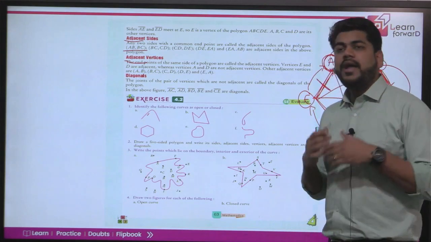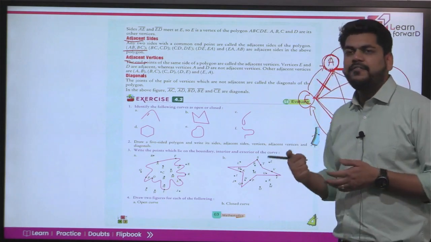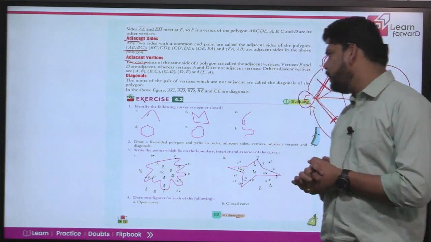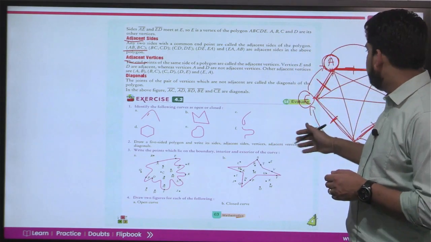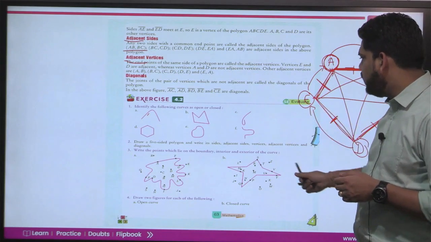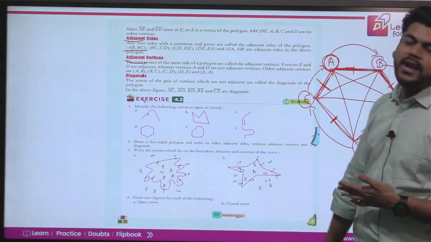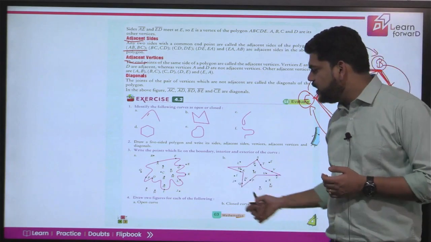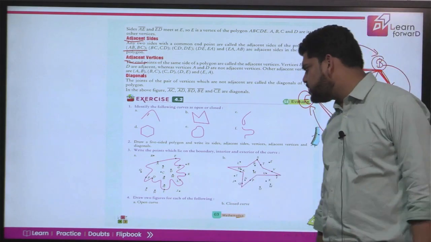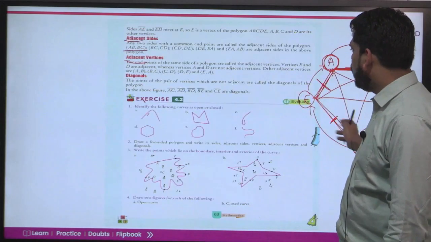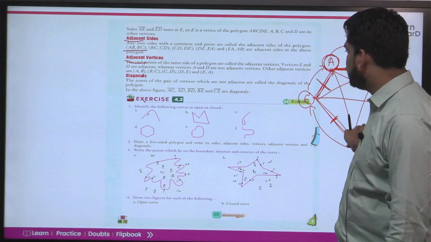E again closed curve, and F open curve. I hope you are able to do it. Second question we have already done. You can do it by yourself. Write the points which lie on the boundary, interior and exterior. I hope the concept is clear to you and you will be able to do both the parts. That's all for the exercise of this particular concept.